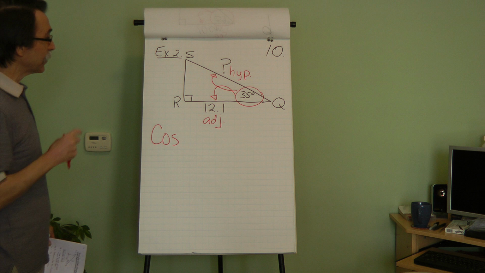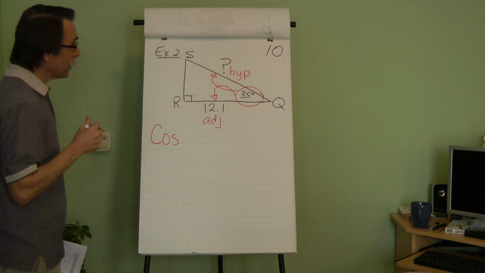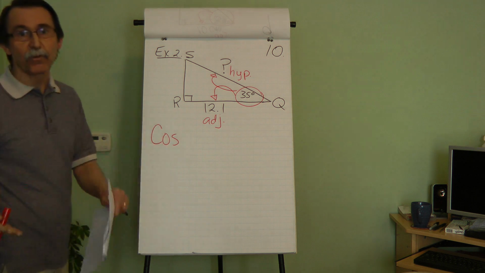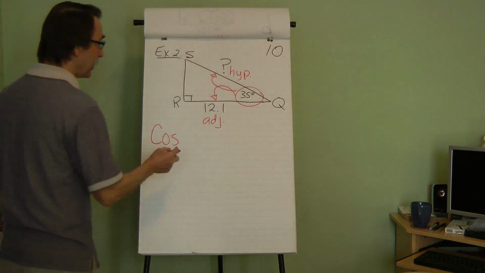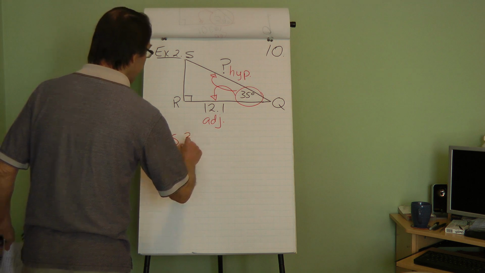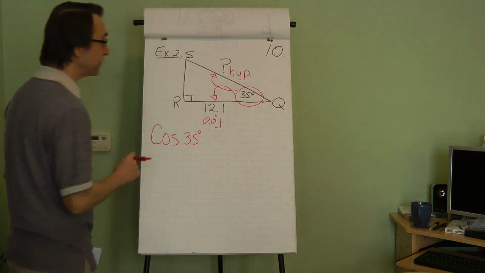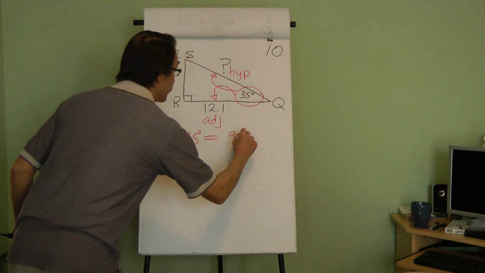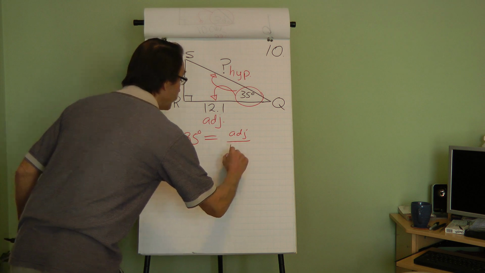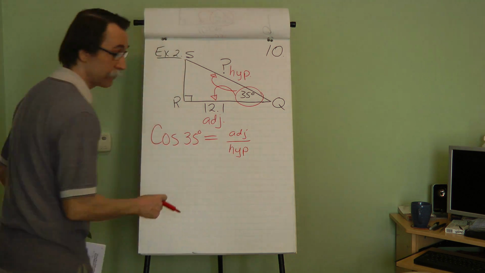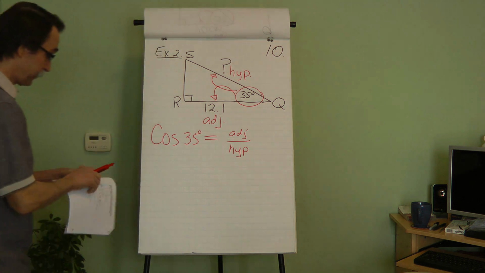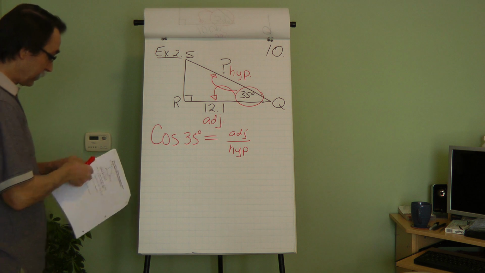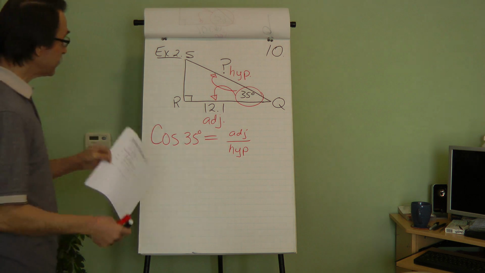So now we're going to set up an equation. So cos, well, you don't just have cos, you have to have cos of an angle. And in this case, it's cos 35 degrees is equal to adjacent over hypotenuse, and that's part of the battle there. And what is cos 35?